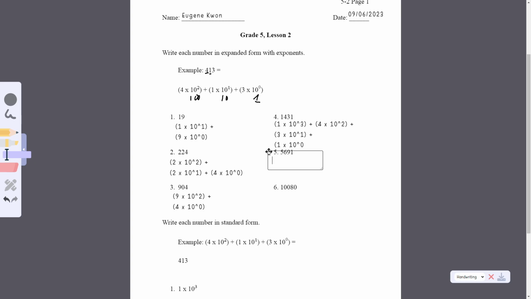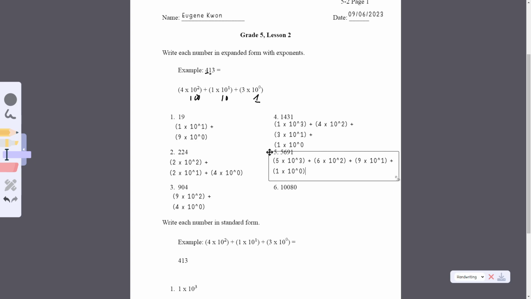Number 5, 5,691. 5 in the thousands place, 5 times 10 to the third power, plus 6 in the hundreds place, 6 times 10 to the second power, plus 9 in the tens place, 9 times 10 to the first power, and lastly, 1 in the ones place, so 1 times 10 to the 0th power.